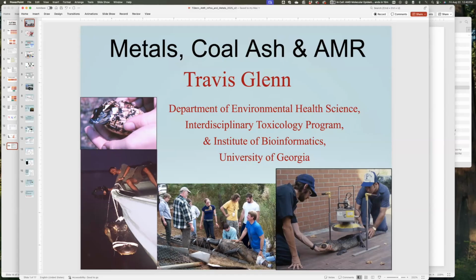What I want us to also realize is that everything that we do is in a One Health context, even when it's not super obvious what that context is. Okay, so if you're thinking about AMR genes in a One Health context, what are the risk factors for antibiotic resistance that you would immediately think of?